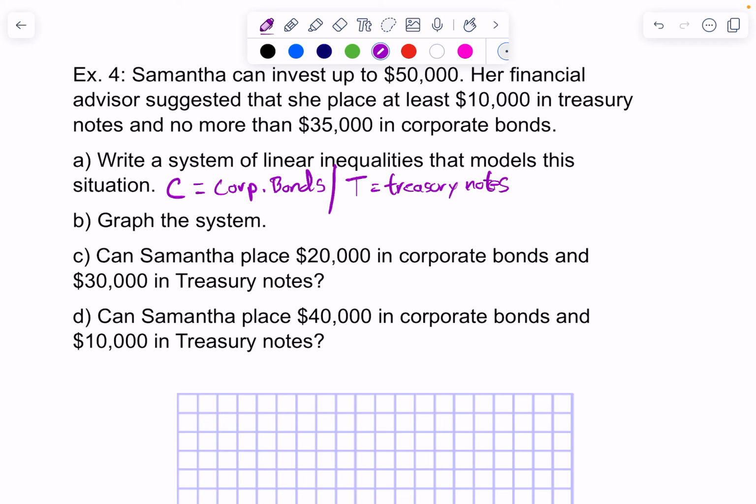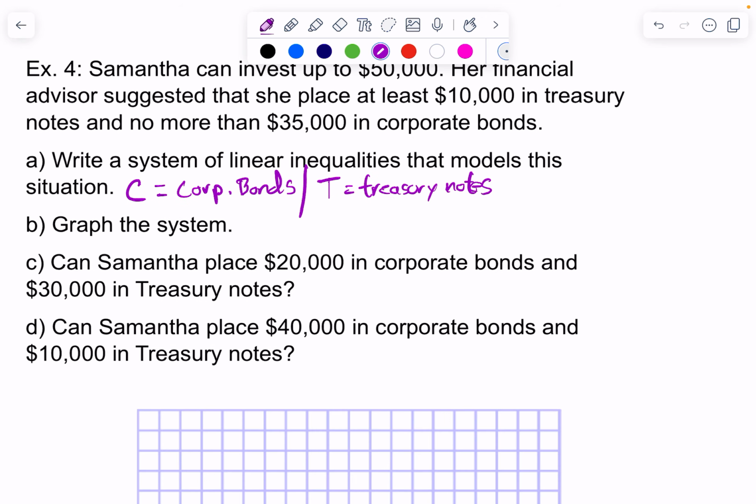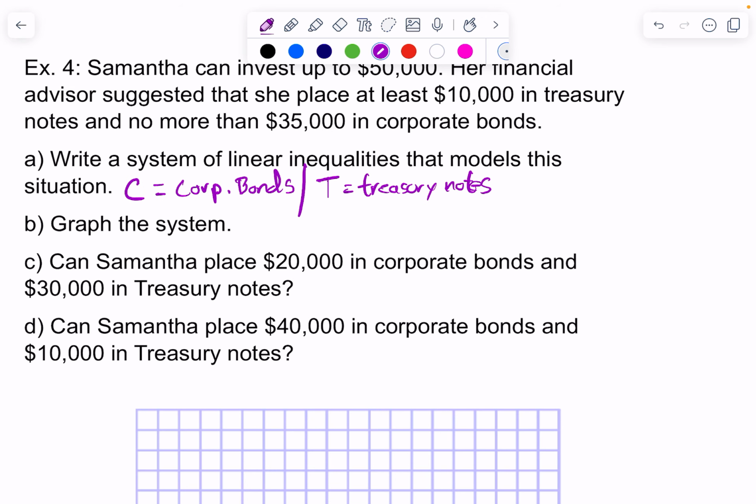Now, let's see what we have. Let's think of quantity and let's think of value. So we know that Samantha can invest up to $50,000. So as far as quantity goes, the amount that she invests in corporate bonds plus the amount she invests in treasury notes must be less than or equal to 50.